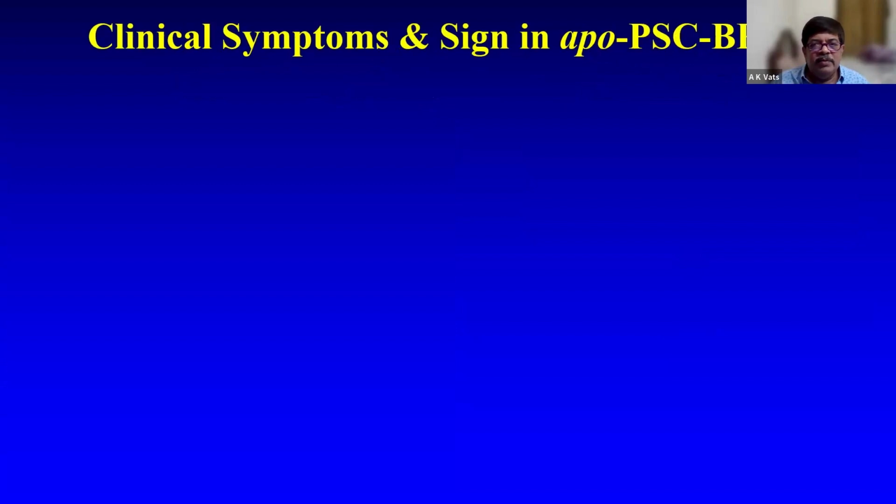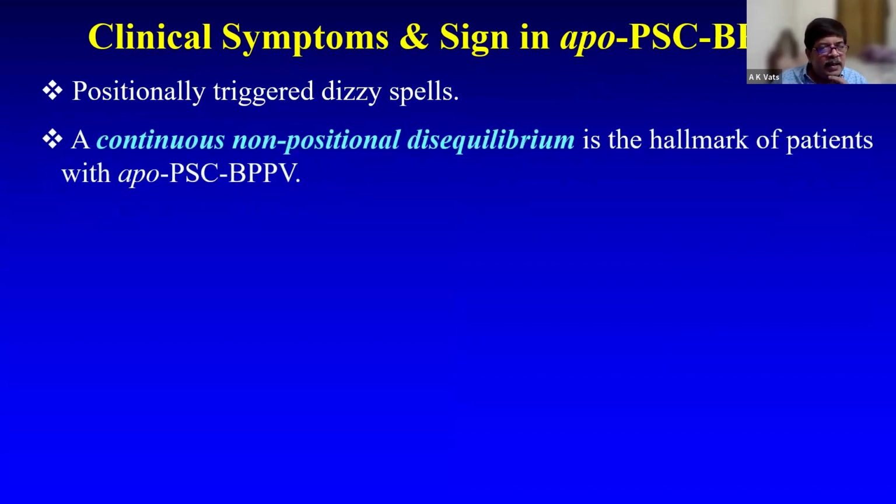So the clinical symptoms and signs in apogeotropic posterior semicircular canal BPPV: positionally triggered spells of disease. A continuous non-positional disequilibrium is the hallmark of patients with the posterior semicircular canal BPPV apogeotropic variant. So these patients are much more dizzy while upright, while walking, than with the other variants of BPPV, except the short arm variant, where they also have this phenomenon.